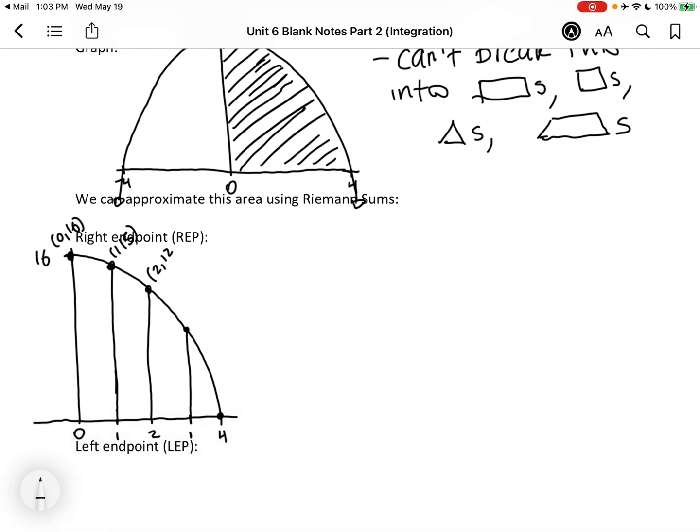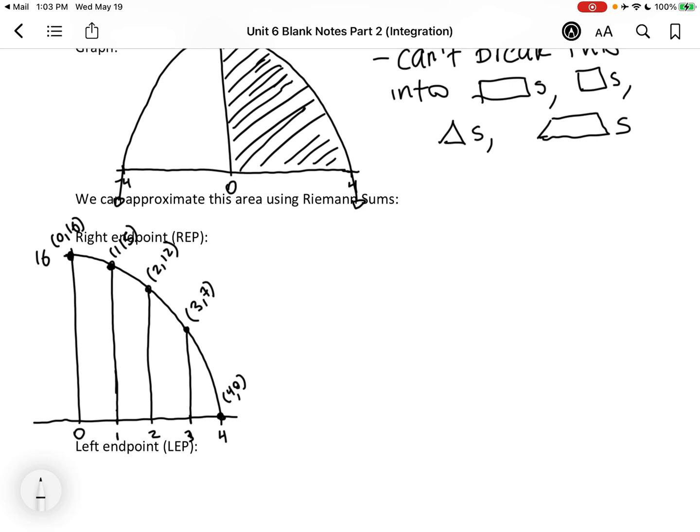And then this is 3 over here. So 16 minus 3 squared. 3 squared is 9. 16 minus 9 is 7. And 16 minus 4 squared is 16 minus 16. And so this is the point 4, 0.